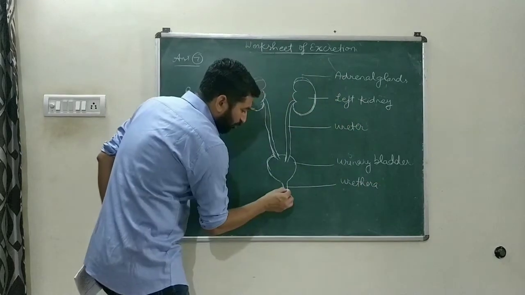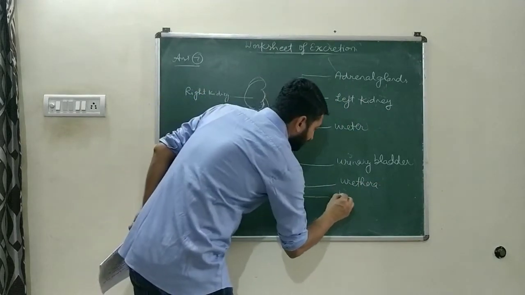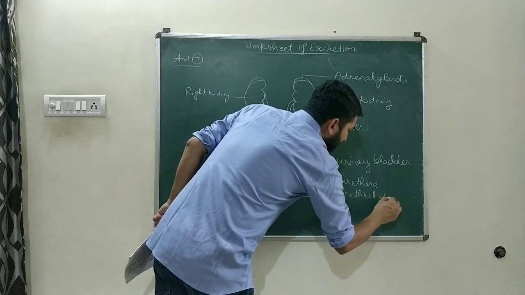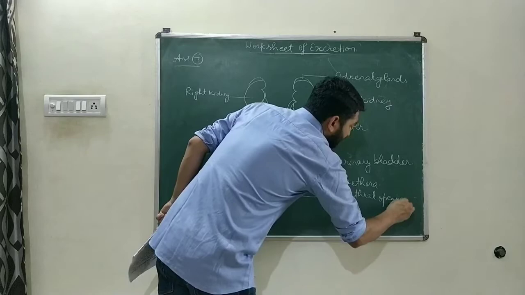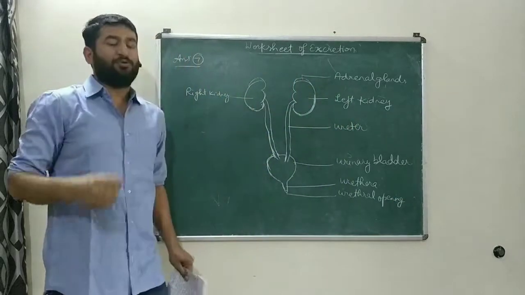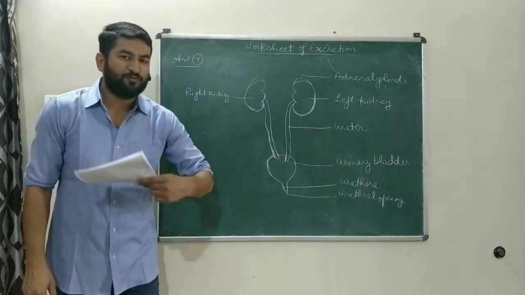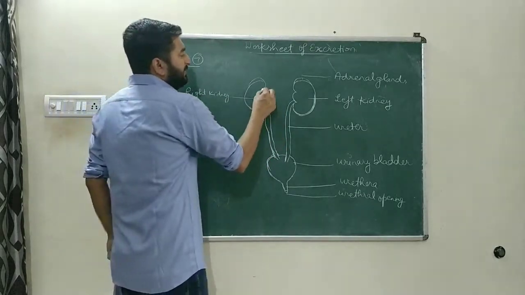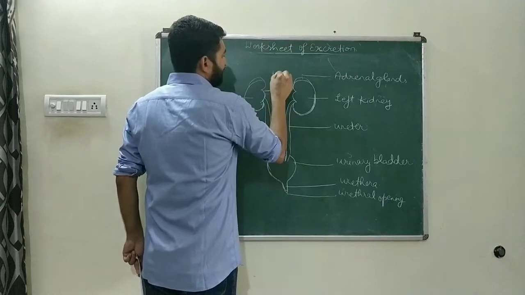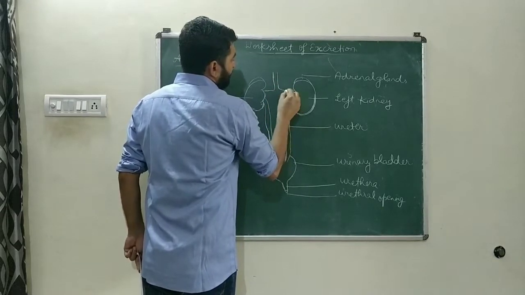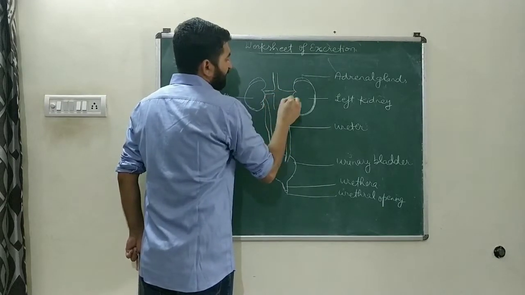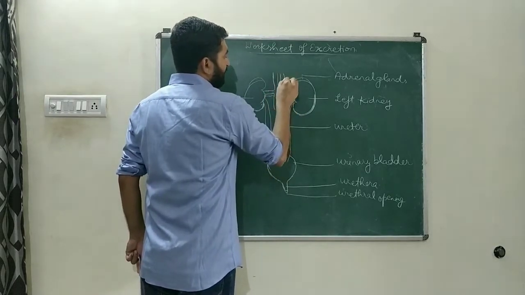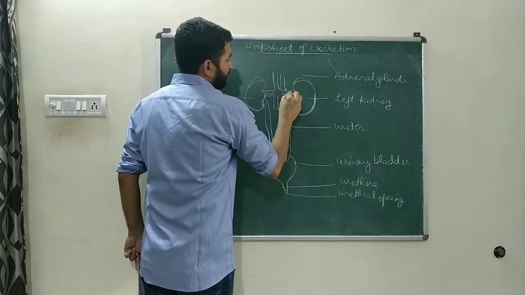Urethra has an opening which is known as urethral opening, which is controlled by a sphincter which is known as urethral sphincter. Through this urethra we remove the urine out of the body. Then there are 2 blood vessels, which bring the blood and take away the blood from the kidneys. One is the renal artery and the other one is renal vein.